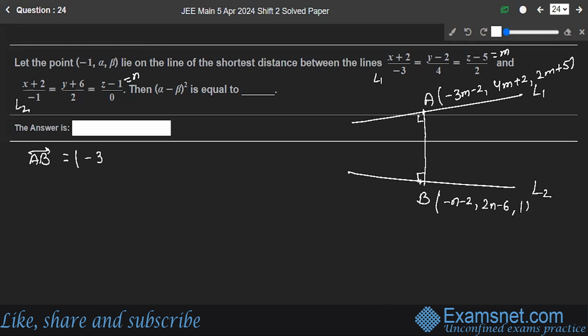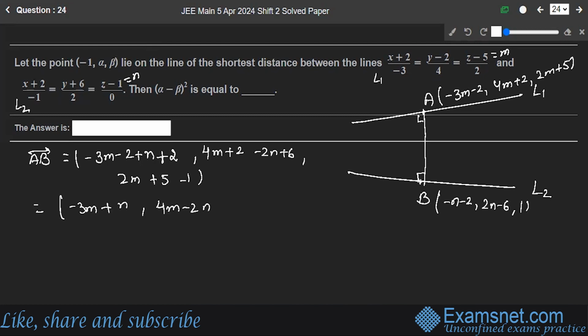It will be given by (minus 3M minus 2 plus N plus 2, 4M plus 2 minus 2N plus 6, 2M plus 5 minus 1). Right. So this will be equal to (minus 3M plus N, 4M minus 2N plus 8, 2M plus 4).